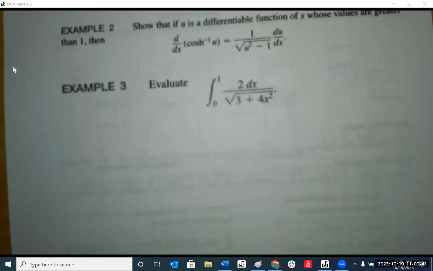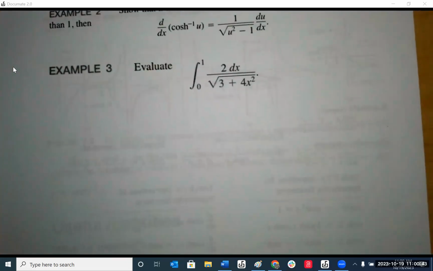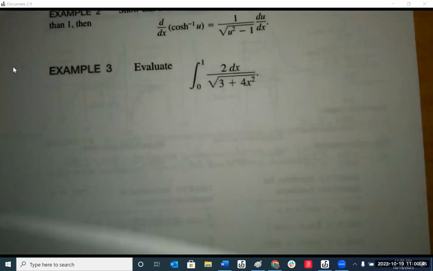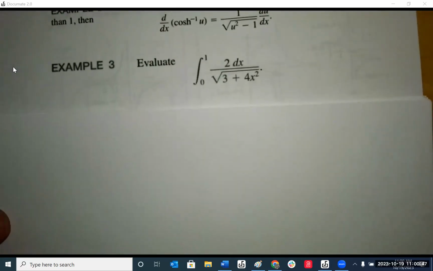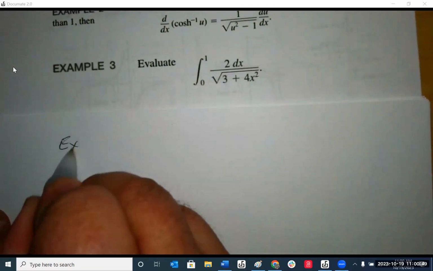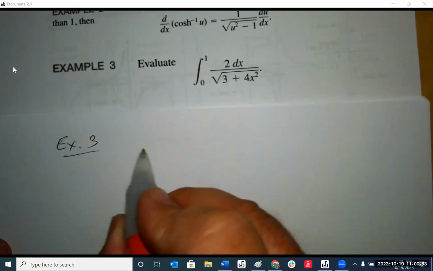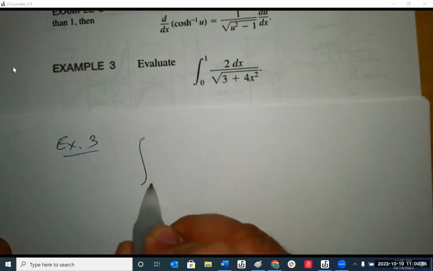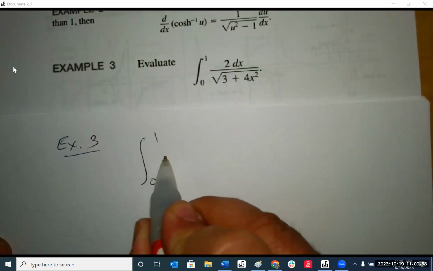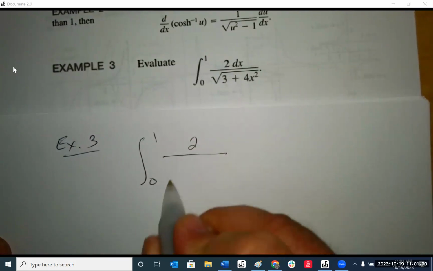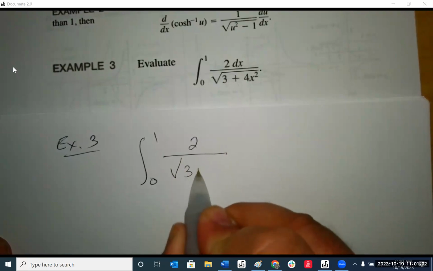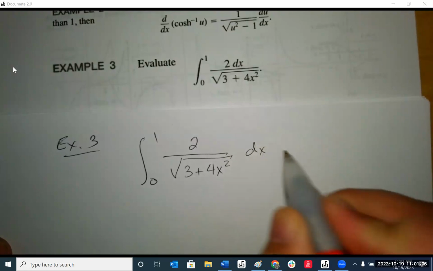Okay, in example 3, let's look at the integrals of these. Two radical 3 plus 4x squared dx.